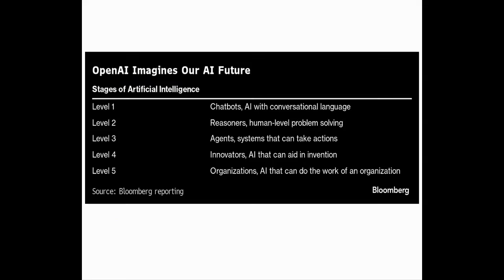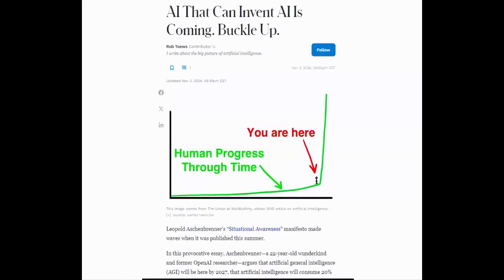But we are soon entering level 4, yeah? And soon we will also enter level 5. Okay, so we are increasing in these levels. And we are actually here. Human progress will skyrocket. Read this article to learn more.